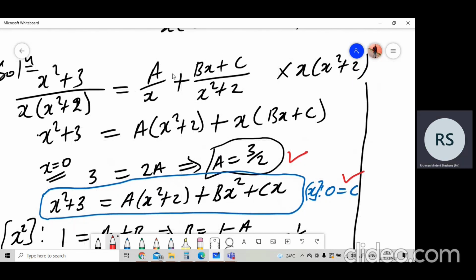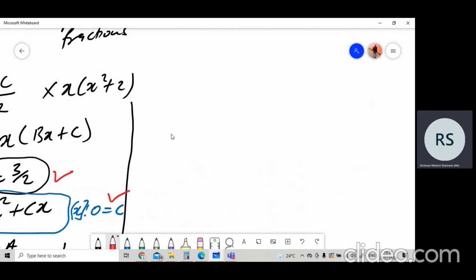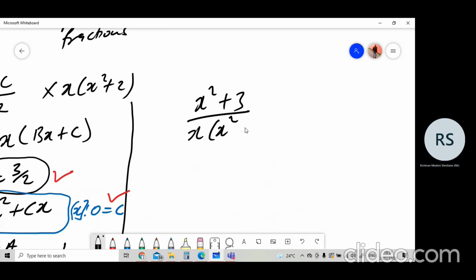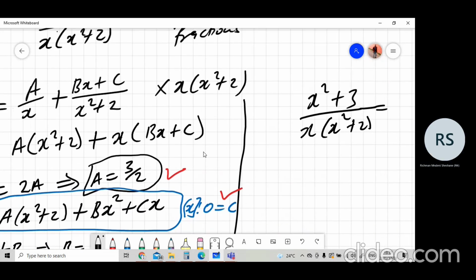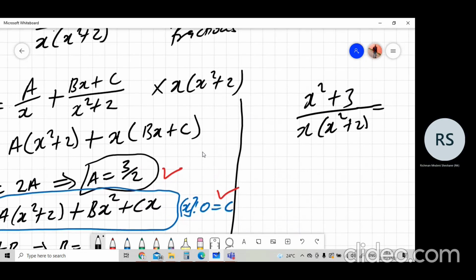Let me write this expression, x squared plus 3 over x times x squared plus 2, in terms of partial fractions and substitute the constants.